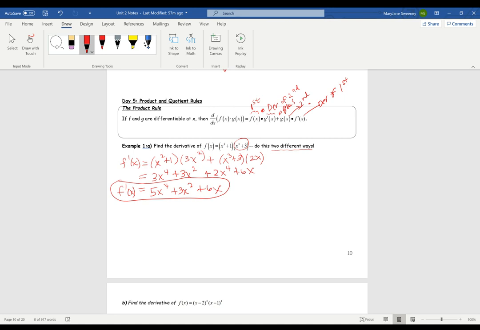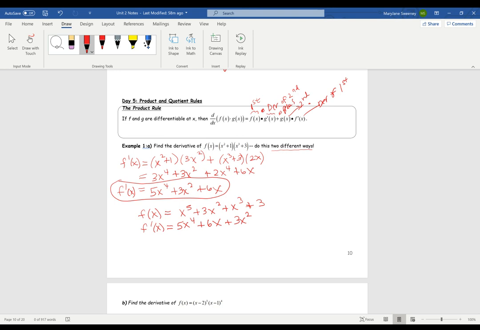Now, someone else might say, well, I'm going to take f of x and FOIL through. So f of x is x to the 5th plus x cubed plus 3x squared plus 3. Then they would take the derivative: 5x to the 4th plus 6x plus 3x squared.